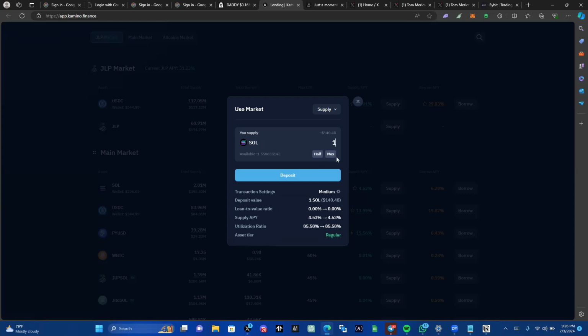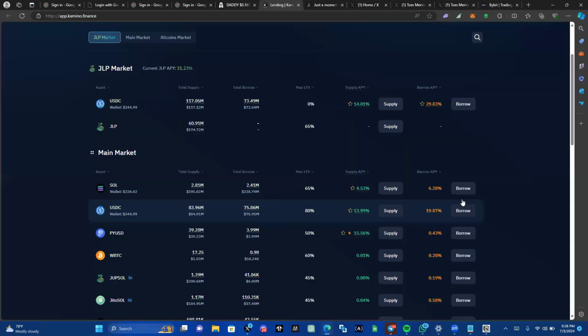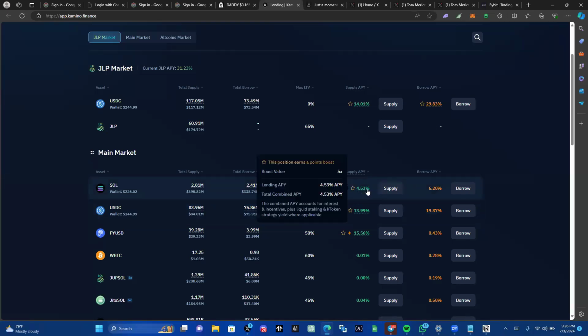If another person borrows it from you, you'll be receiving 4% APY, like 4% commission from your supply for supplying your token there. Within a month, if you lend one Solana, you'll get like 1.04 or something like that. That's annual percentage yield, APY, getting 4%.